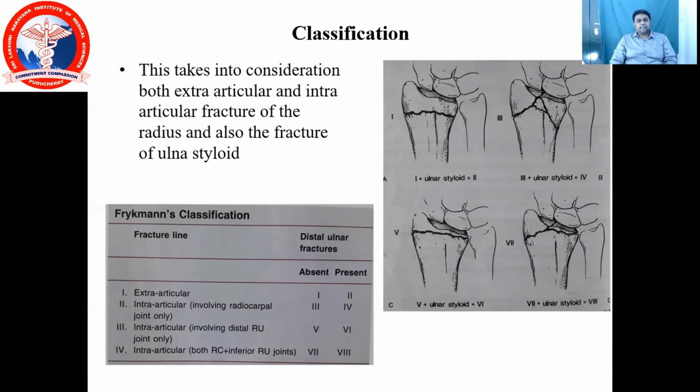Type 5 is an intra-articular fracture where the fracture line passes into the radio-ulnar joint without ulnar styloid process. Type 6 is the intra-articular fracture with ulnar styloid process. And type 7 is intra-articular, where the fracture line passes through both the radiocarpal and radio-ulnar joints, with and without the ulnar styloid process fracture.